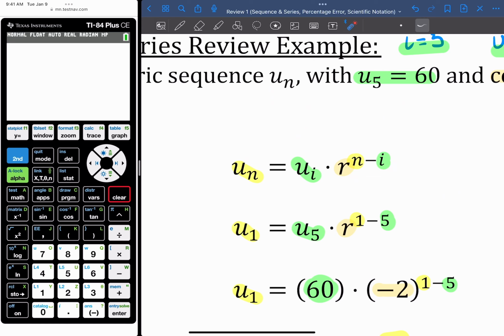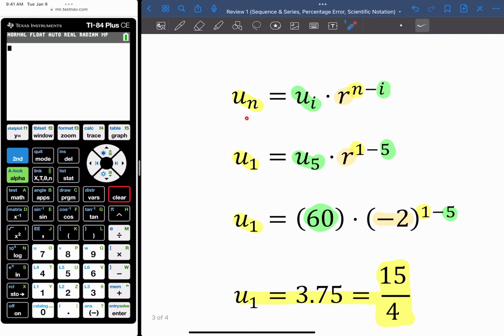Okay, so diving into it. I want to go to u sub 1. I'm given the fifth term, so u sub i. My pattern, I keep that. But right here, i is where I start. I start at the fifth term. Where I want to be is the end. That's my end value. I want to be in the first position. So this is the jumps I have to do.